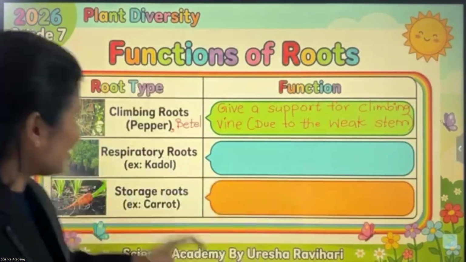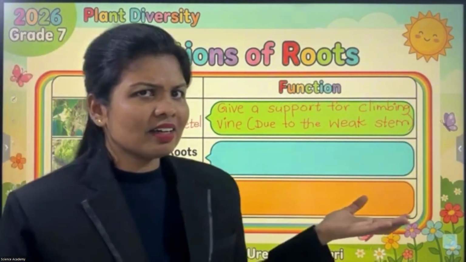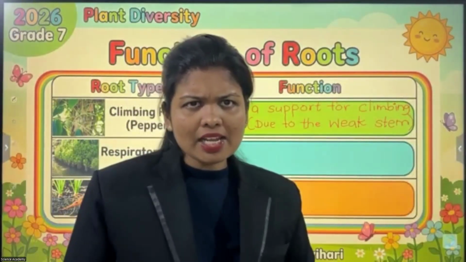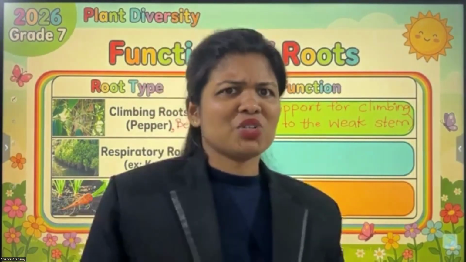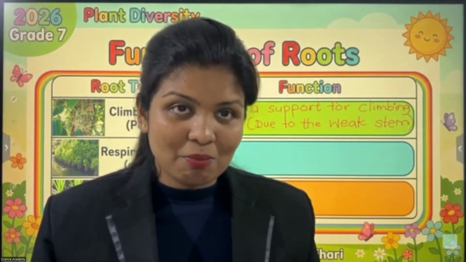Right? Okay. So, children, these plants we cannot see in each and every place. Most probably marshy lands. Marshy land, right? What's that marshy land? Near to wetlands, we can see marshy lands.